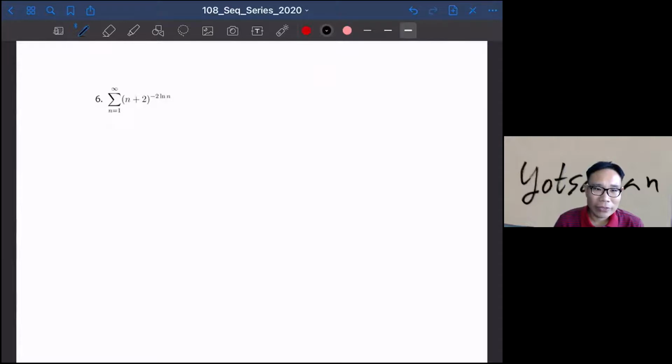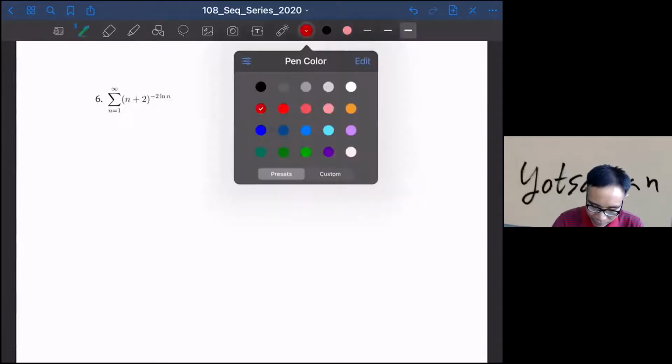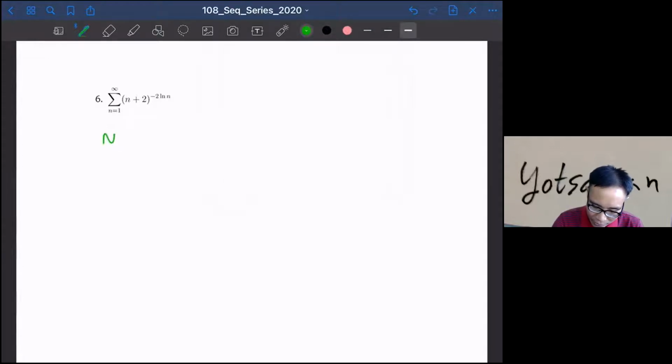So you see that this guy is n plus 2 minus log n, so n plus 2 is minus 2 log n. The tricky part turned out to be, you notice that n plus 2 is greater than or equal to 3. Why?